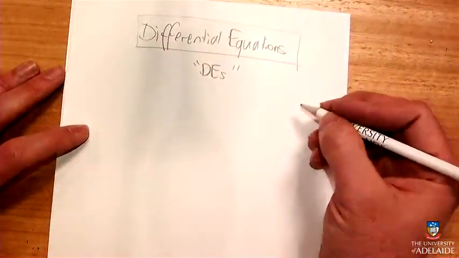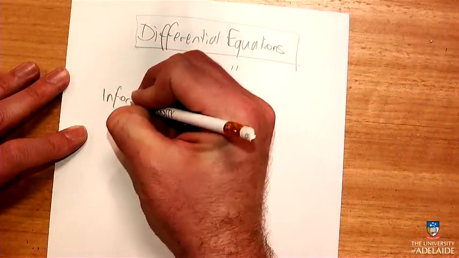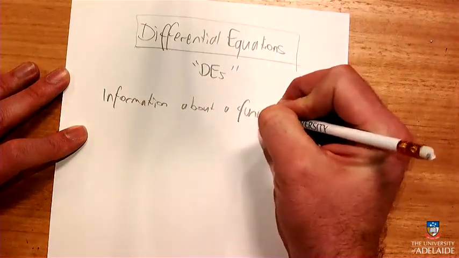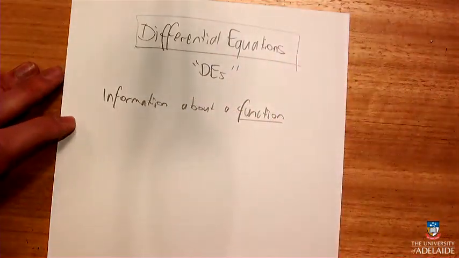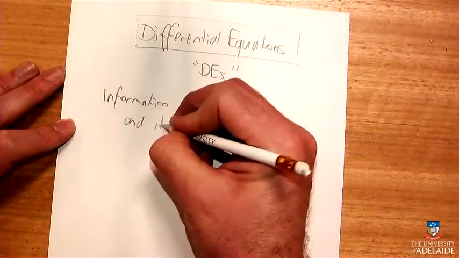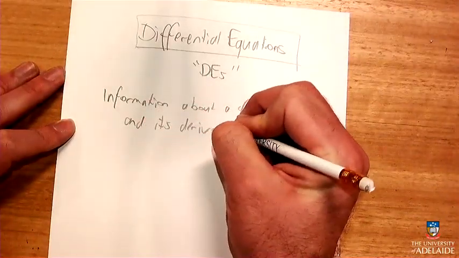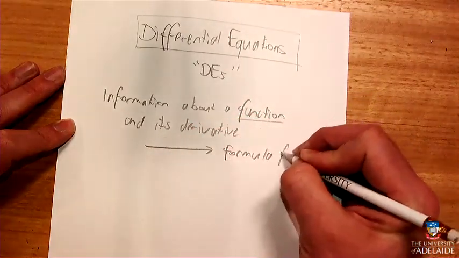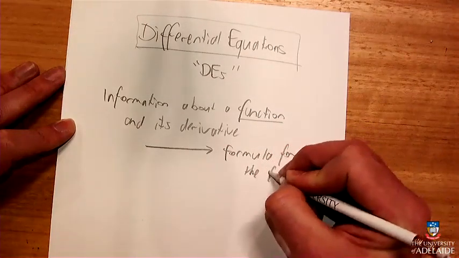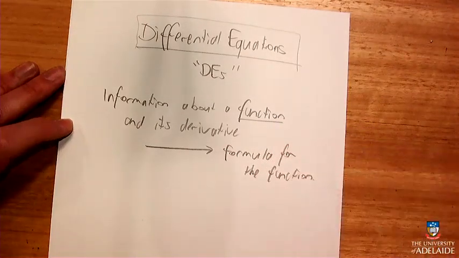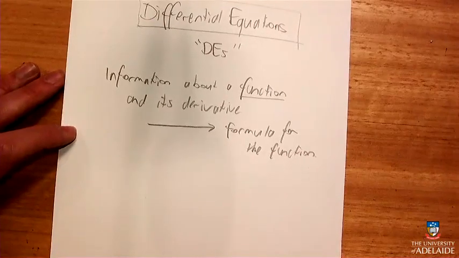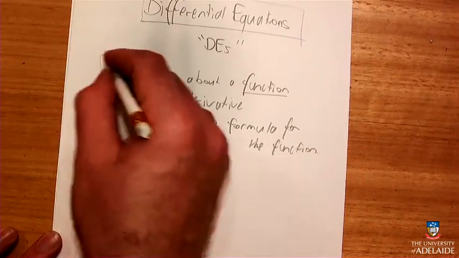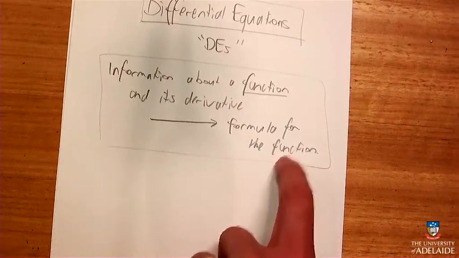So in a differential equation, information about a function and its derivative is used to figure out a formula for the function. Okay? That's the big idea. The goal is to find a formula for the function.